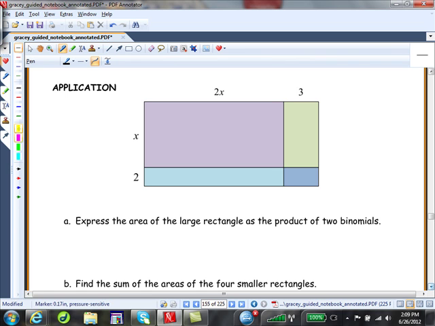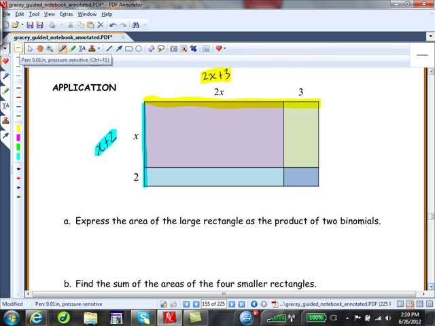So if you see the length here, isn't that 2x plus 3 for the whole length, right? And the width, if you see, are these two added together. So that's your width. And remember, area is length times width.